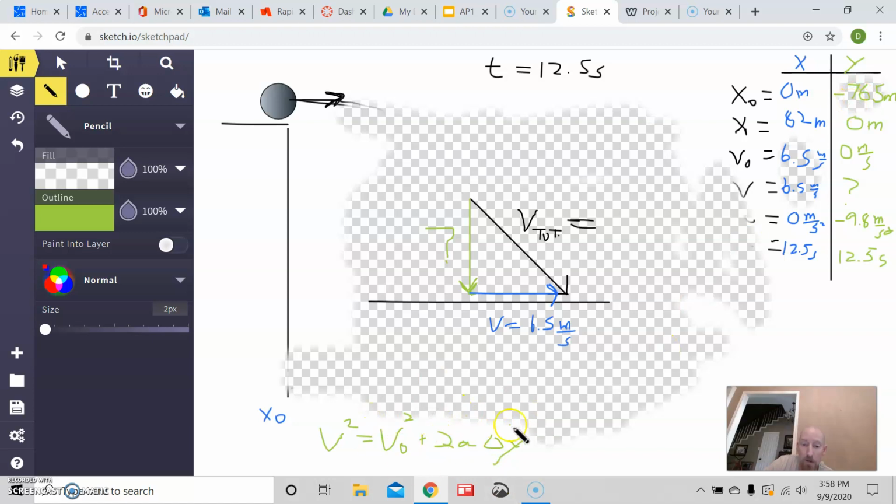And so we could plug all this in, and we could solve for our V final. And remember, you'd have to take the square root at the end there. You could solve for that, and then once you know that, plug it in here and do Pythag to find what his impact speed is. That's a lot of work, so that is complicated. Thanks, guys.